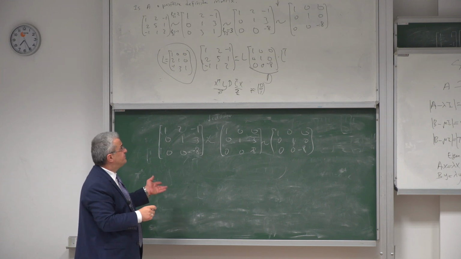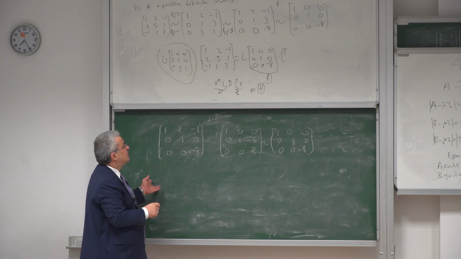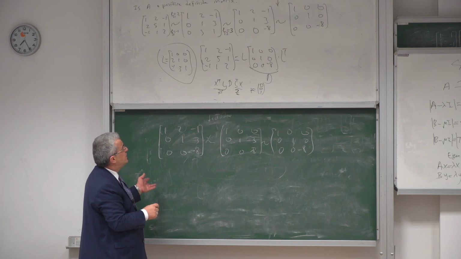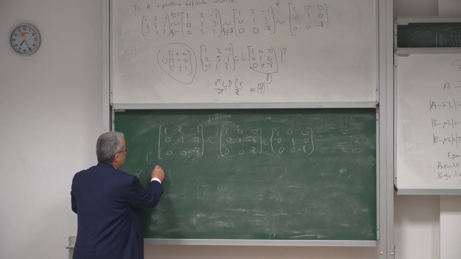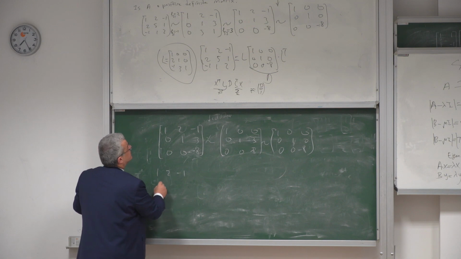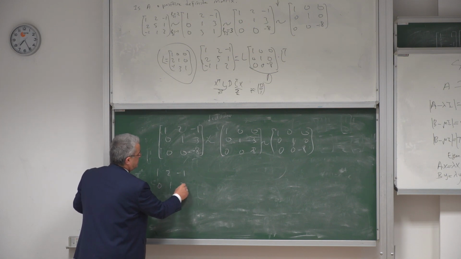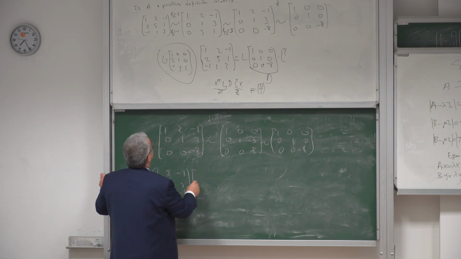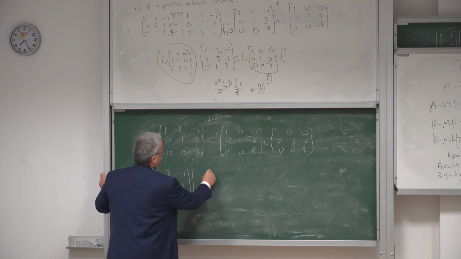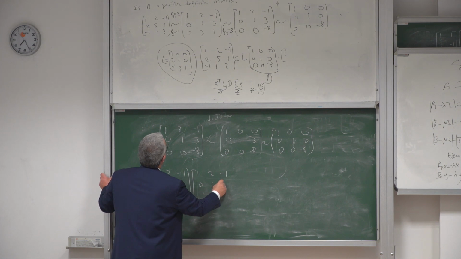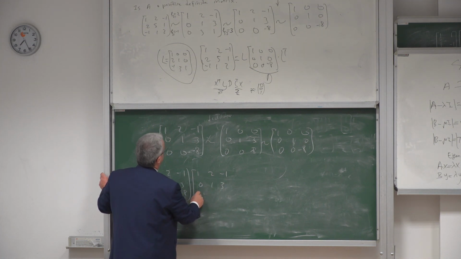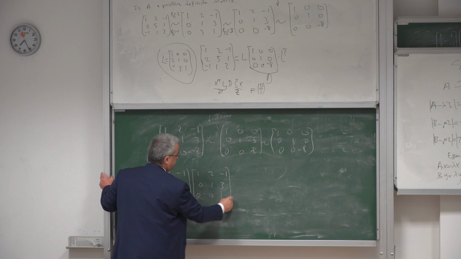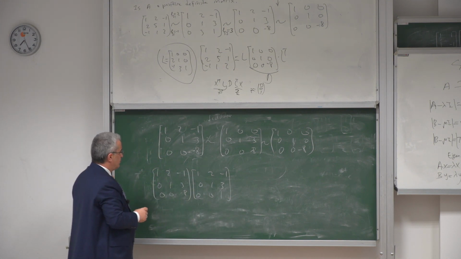As a matter of fact, if you just take this 1, 2, minus 1; 0, 1, 3; 0, 0, minus 8, and multiply it with L transpose, so what is L transpose? 1, 2, minus 1; 0, 1, 3; and 0, 0, 1, right? What does this give you?